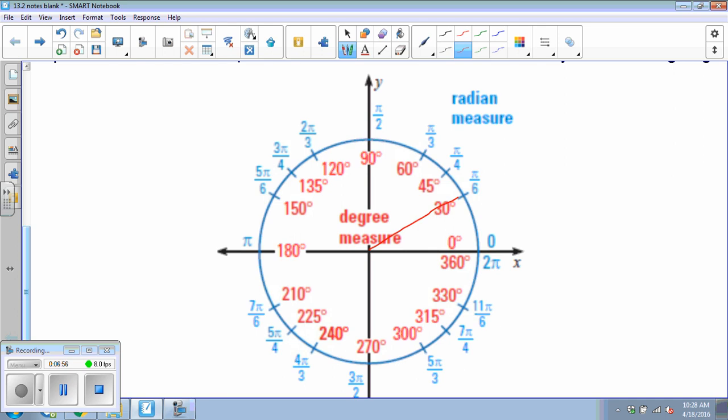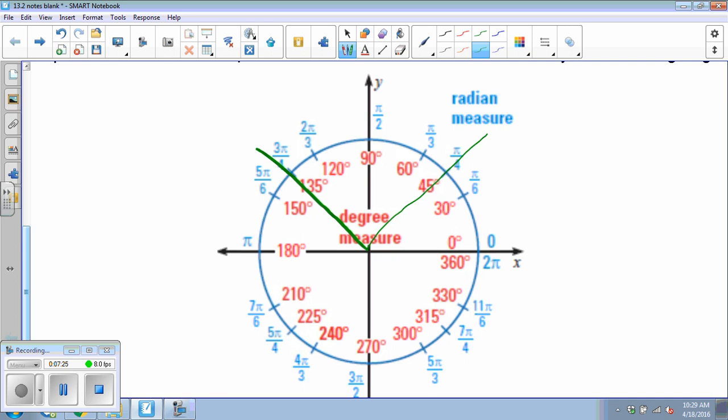Does that make sense? So if you took the same one and went in increments of 45 degrees, that's halfway, right? It would be broken up into 4 sections. So 45 degrees is pi divided by 4. Y'all see that?